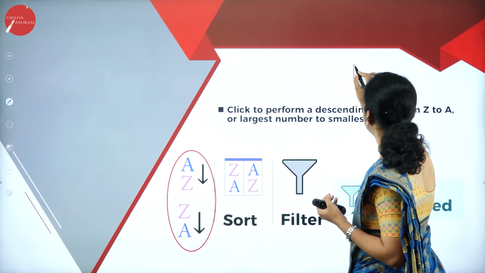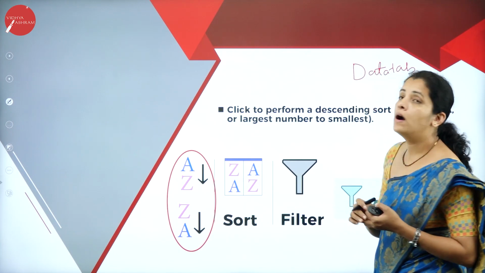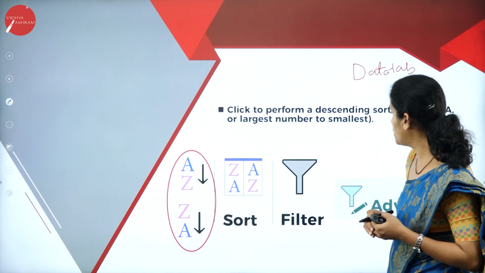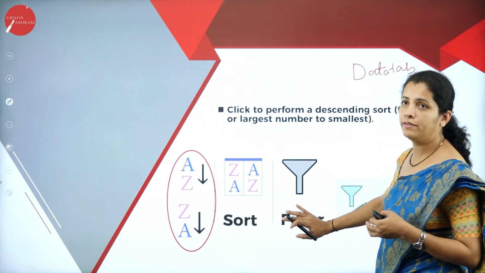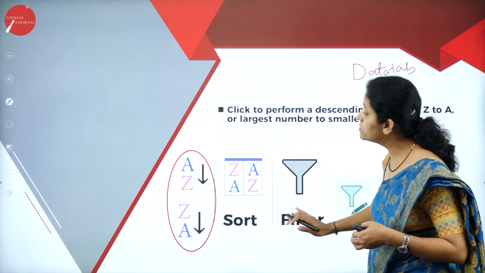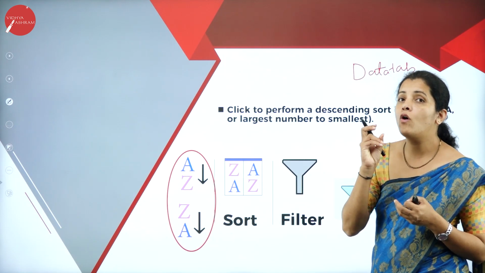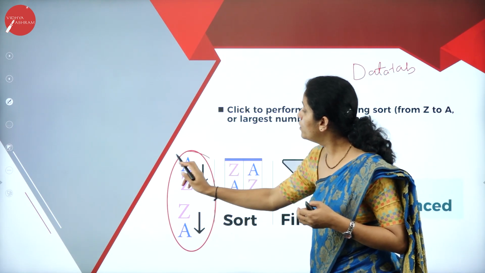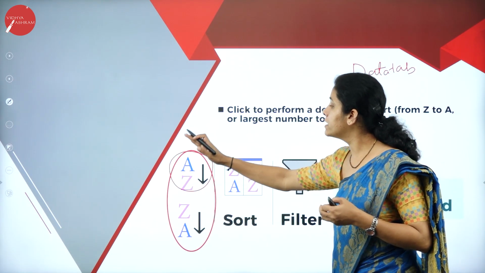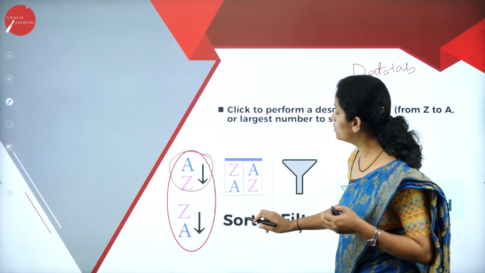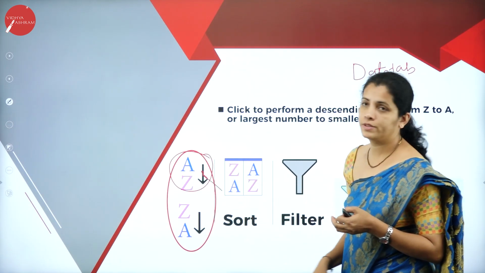Dear student, let's consider where I can get the sort option. If I consider the data tab, I'm going to have the option called sort and filter. Suppose I'm going to perform ascending order, then I have the option A to Z. That means I want to select this option.